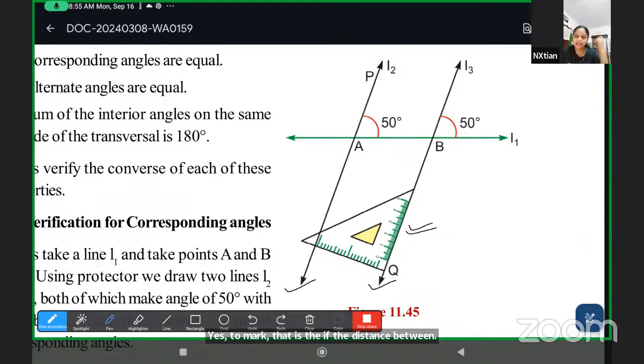We will name the two lines L2 and L3. And this is how you put the set square. Then we see whether the perpendicular distance between both the lines is the same or not. That is this distance between the lines here.